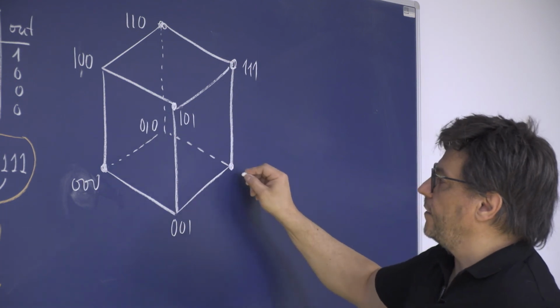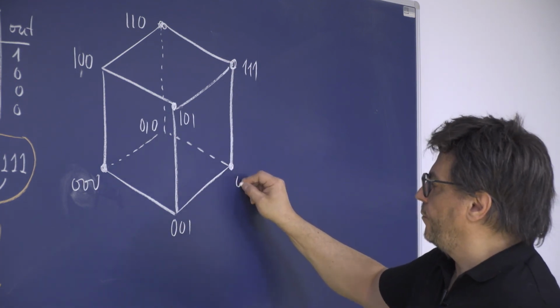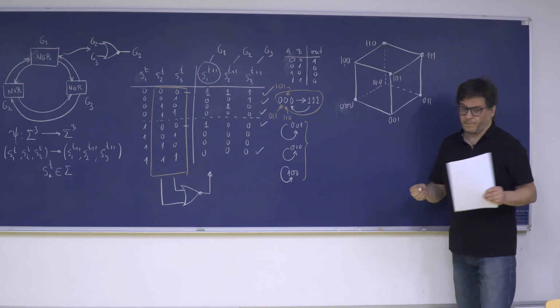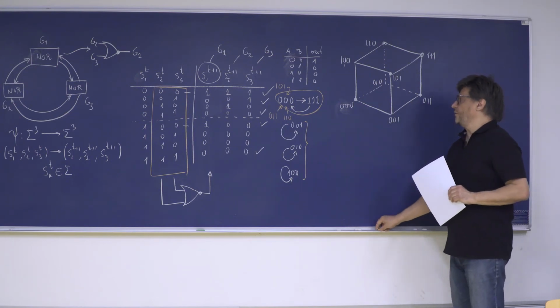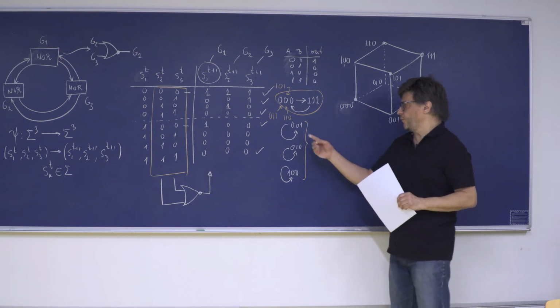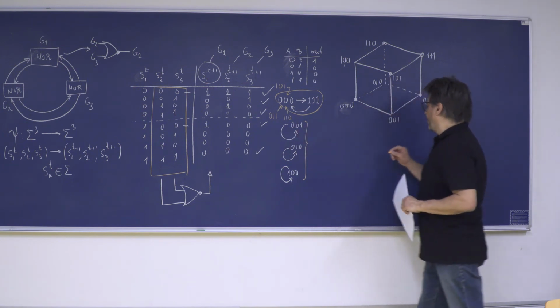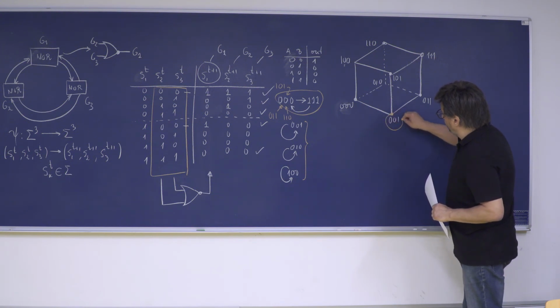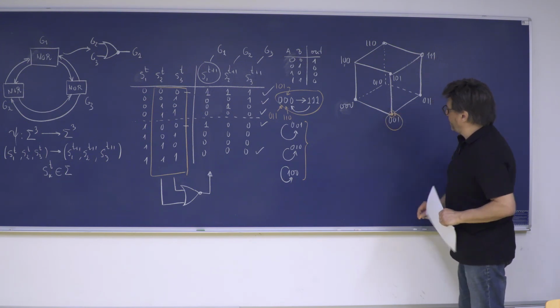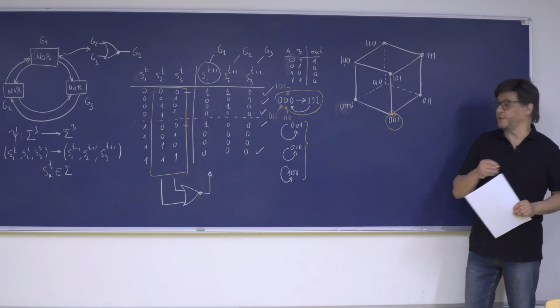And now I can use the Boolean cube to actually draw all the trajectories, right? On the one hand, you have the simple attractors, right? 0, 0, 1, it is here. I'm going to indicate this with a little circle to say this is an attractor state, right?